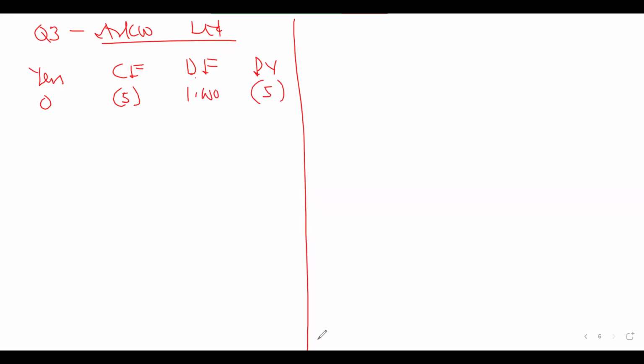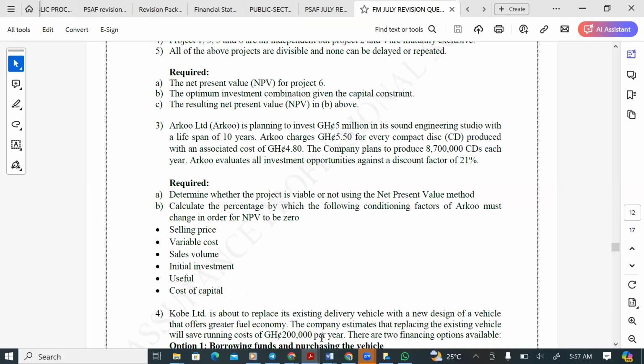Let's do workings over here for the cash flow. The annual cash flow will be 5.5 minus 4.8 multiplied by the number of units that we are selling. How many units are we selling? 8,700,000 every year. The costs are going to be the same every year, so you can have a constant annual cash flow by making it an annuity.